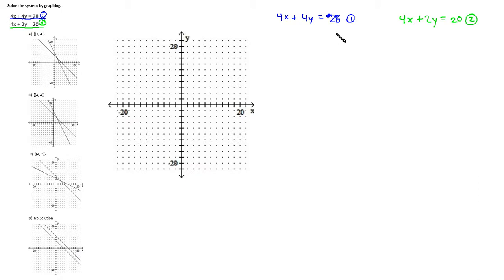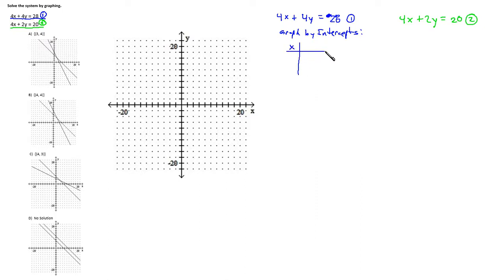Okay, we're allowed to graph both of these equations using any method that we want. I see that they're both written in standard form, ax plus by equals c, beginning with this first one. And I notice that c, this 28, is a multiple of a and b, so I'm going to graph this line by intercepts because I'm not going to get any fractions.